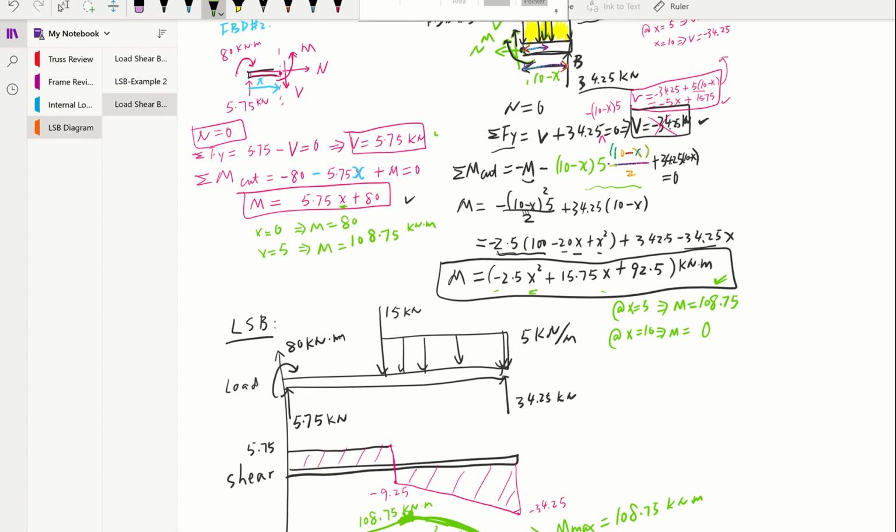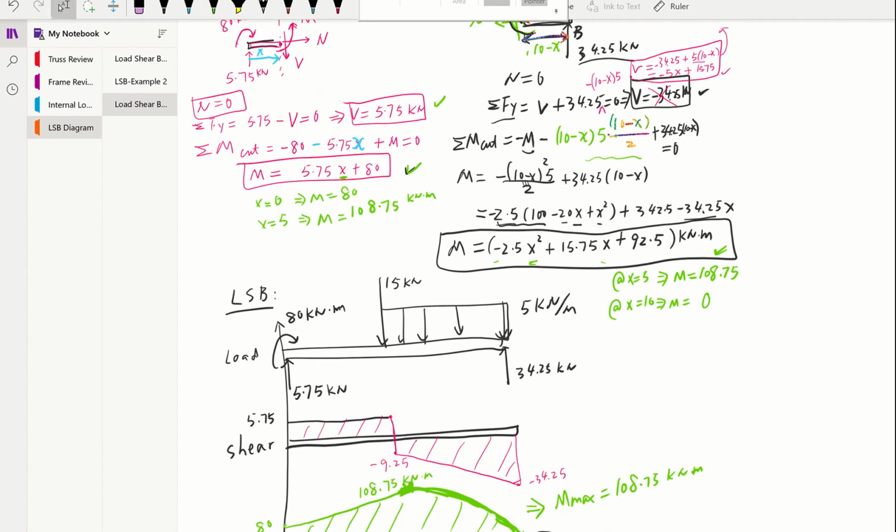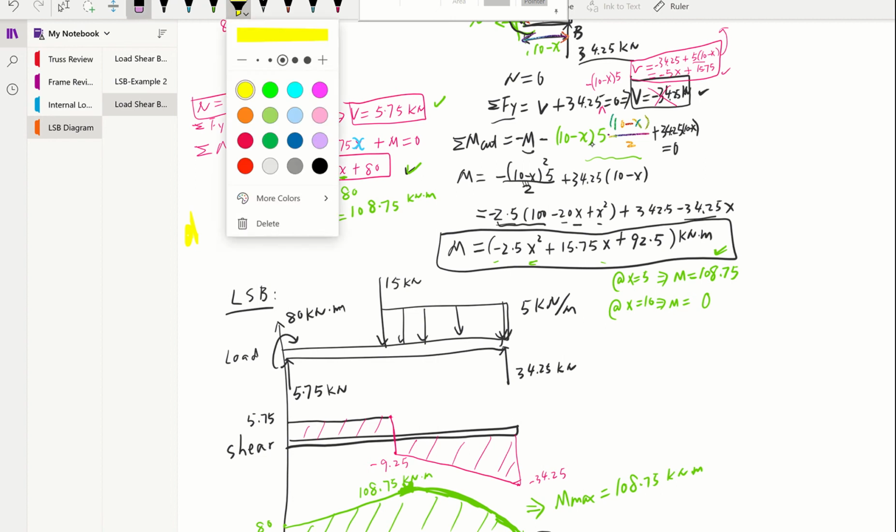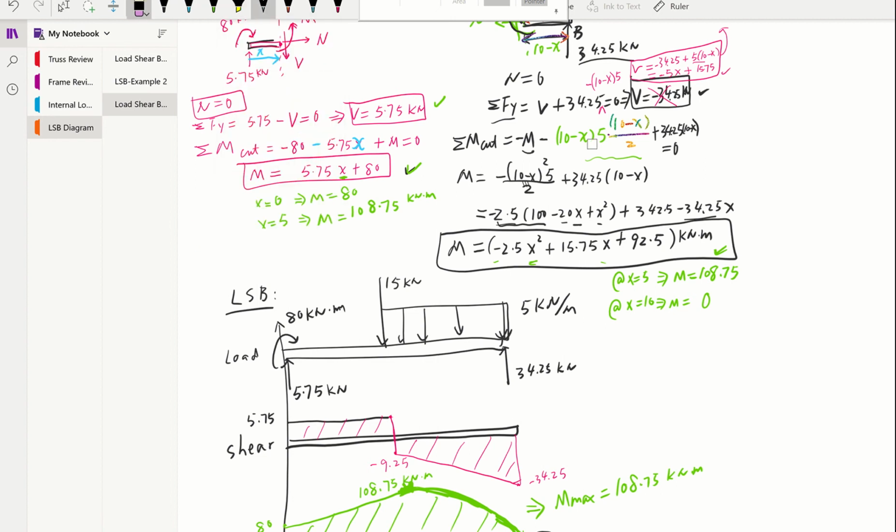So this is something I want you to look at. This shear is 5.75 and bending is this value. Did you notice, if I were to take the derivative of bending moment with respect to x, so if we were to take the derivative of this equation, will we get 5.75?